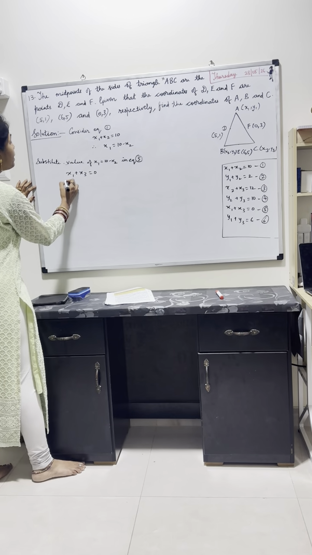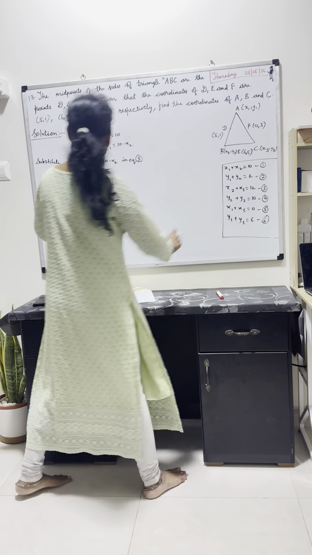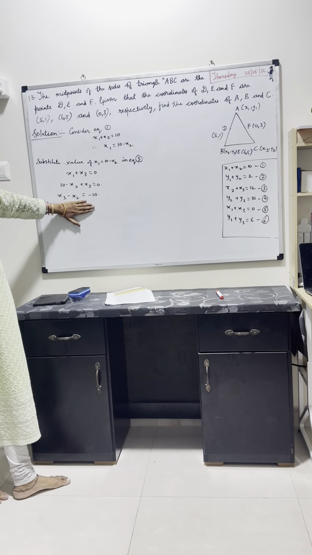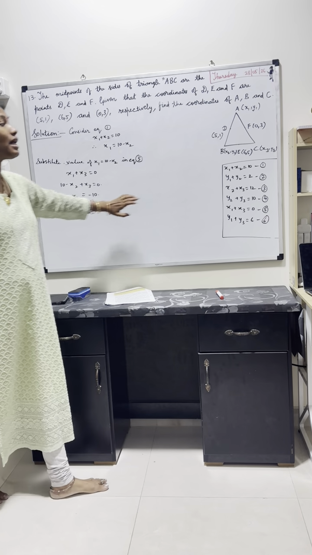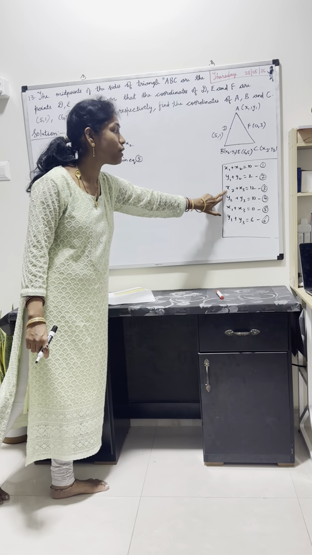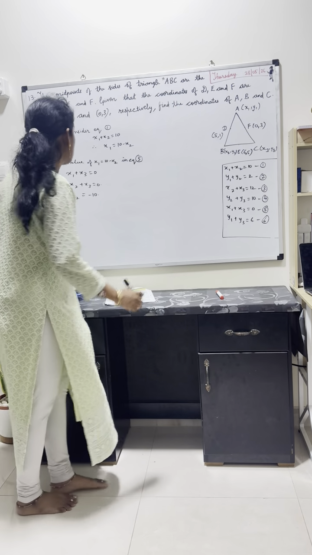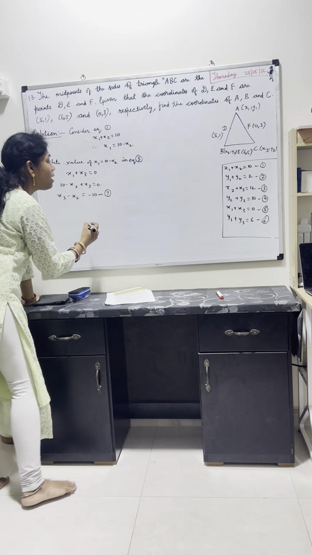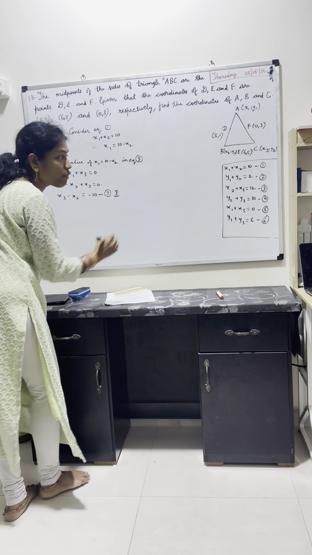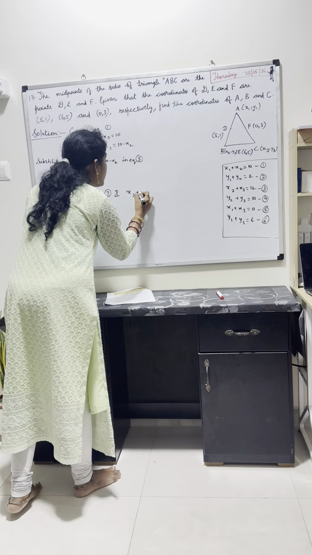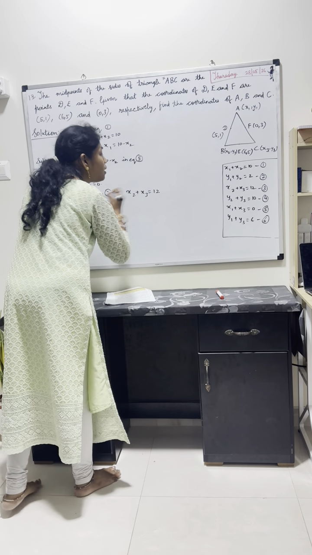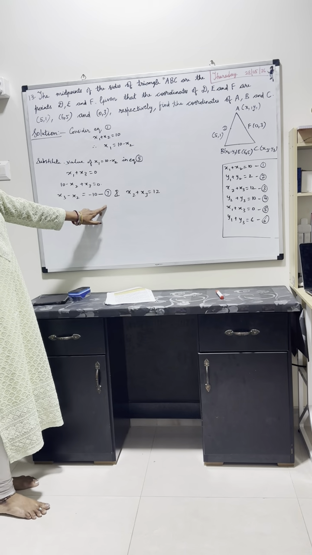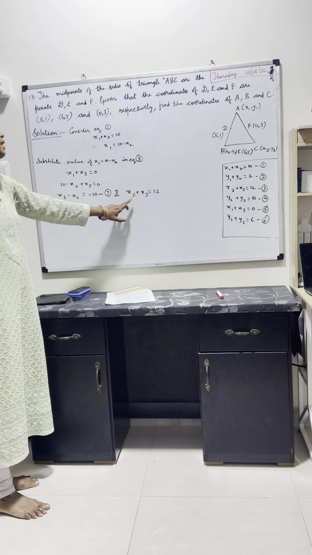Now you have got an equation in x3 and x2, and you already have an equation in x2 and x3, which is x2 plus x3 is equal to 12. So now you can name this equation as 7, and you have equation 3, x2 plus x3 is equal to 12. So now what you can do, you just add these two equations.